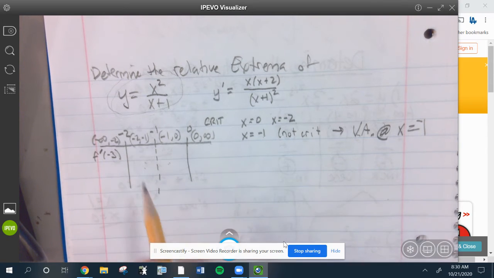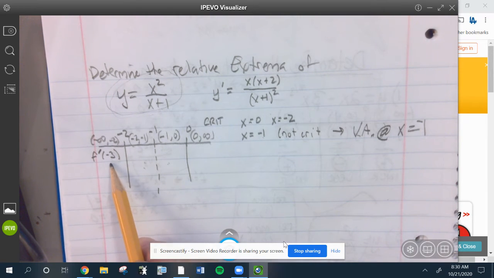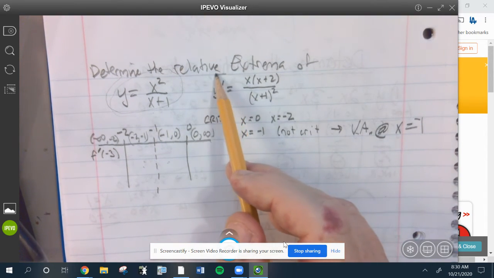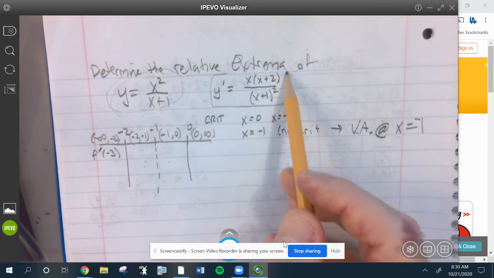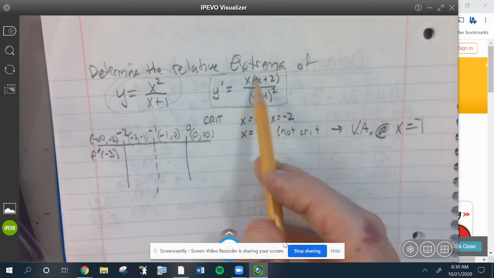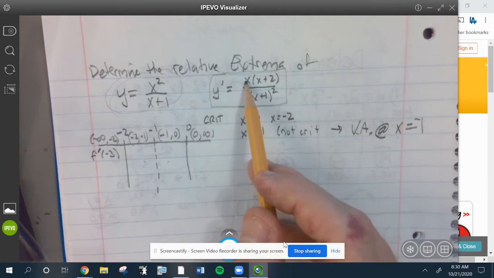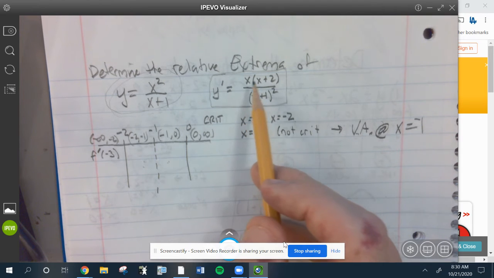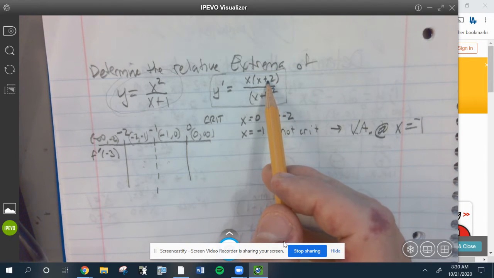So when you plug -3 into the derivative, remember, we are using this derivative. Use your rules of multiplication if it's factored, and this is all factored. So we'll have a -3 times a -1, which is 3.